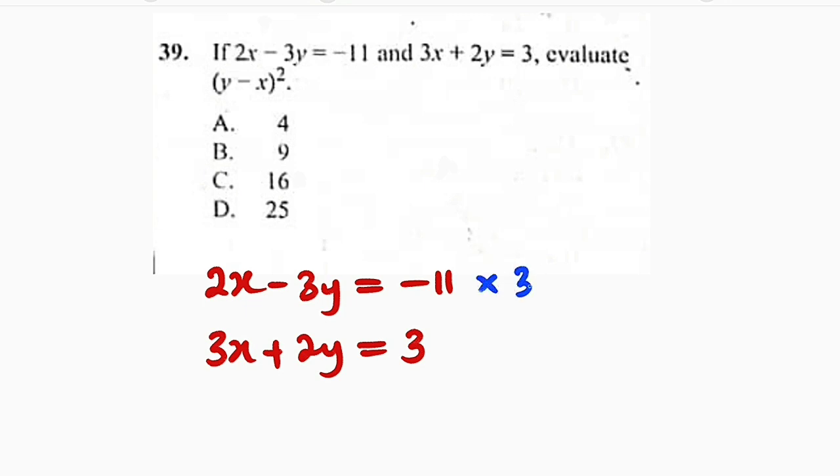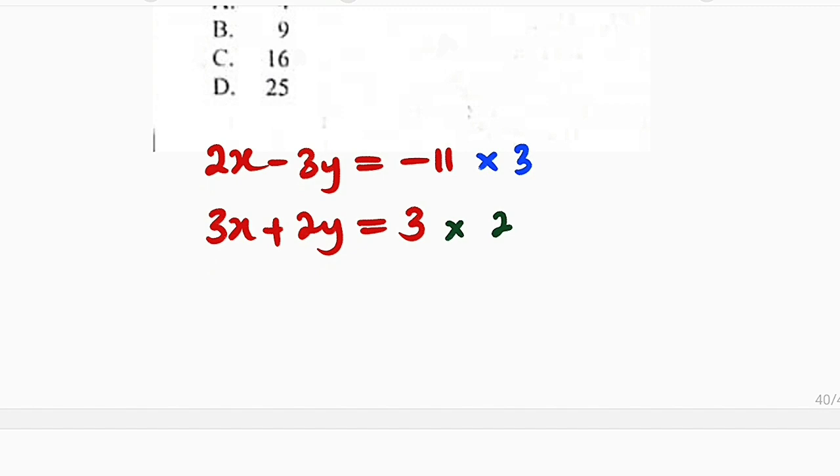We can multiply equation number 1 by 3. Let's do that. We can multiply the second equation by 2 so that we can eliminate x. So from the first equation, this will yield to what? 3 times 2x is 6x minus 3y times 3 is 9y equal to negative 11 times 3 is negative 33.